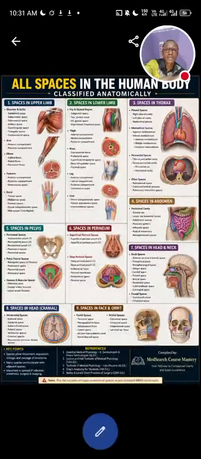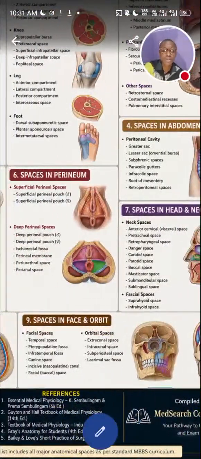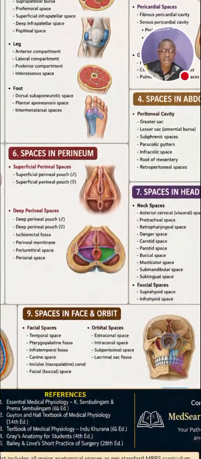So this is where we are now. All spaces in the human body, we've already looked at this. Let's look at the orbit, for example. Remember when we talk about the orbit, we talk about the zygomatic bone and the zygomatic arch here.